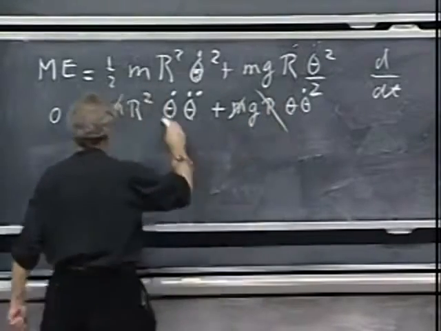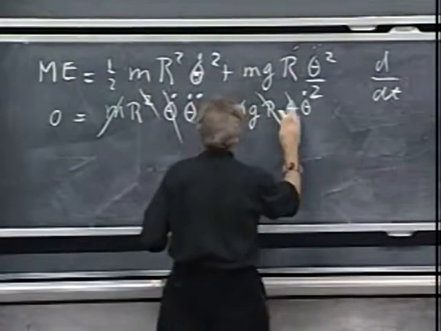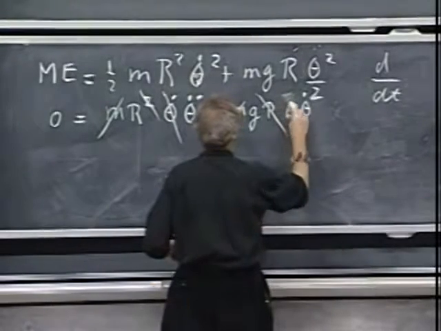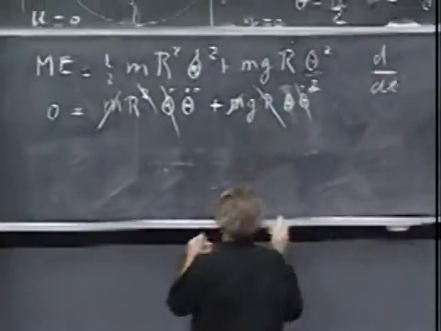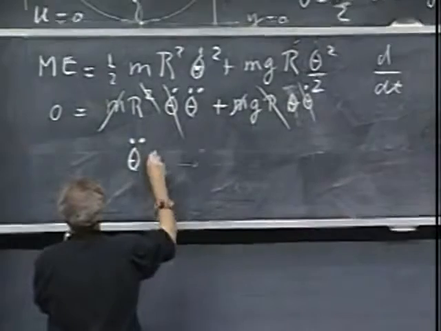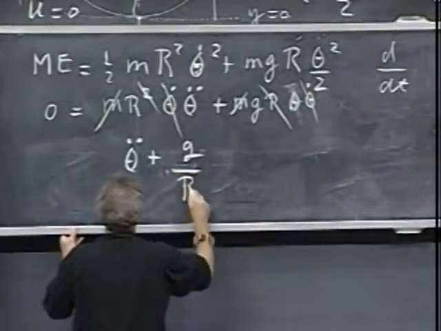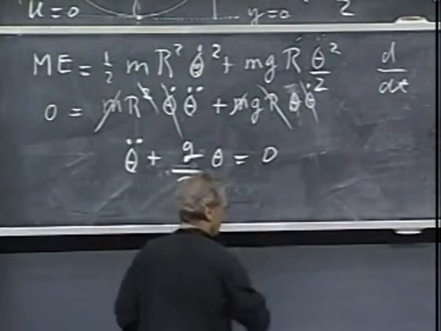I lose 1r. I lose my theta dot. I picked the wrong one. I lose my theta dot, not the theta. And what do I find? That theta double dot plus g over r times theta equals 0.